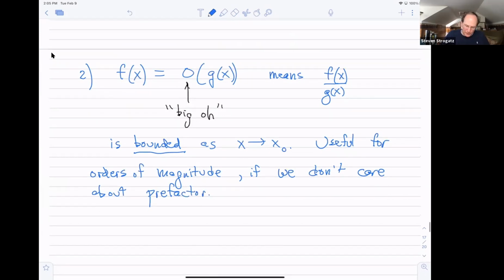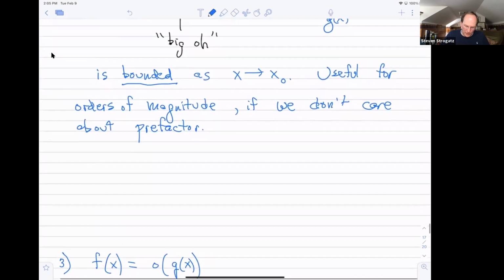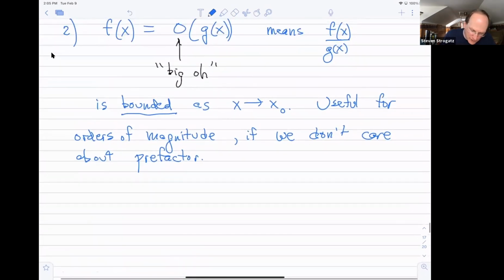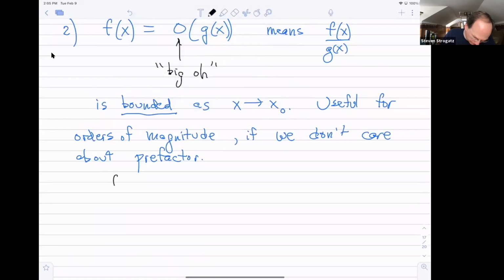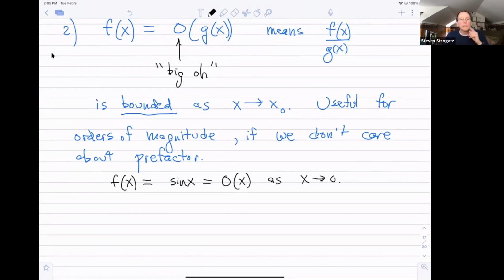So just as examples of how that kind of terminology would be used, we could say in the same example, f of x equals sine x is big O of x as x goes to 0. Notice, by the way, I'm not using the tilde symbol.